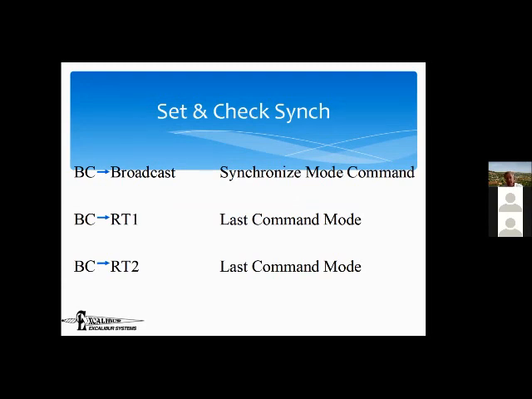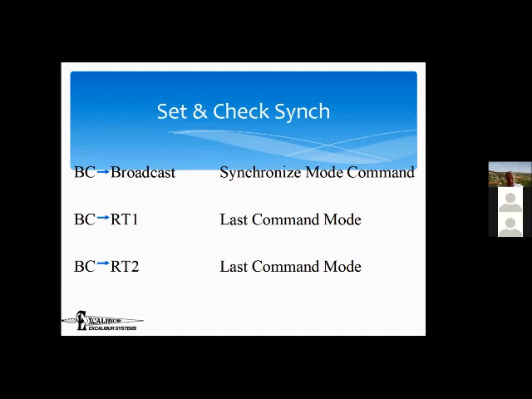And the way I find that out is by sending a mode command called send last command. The command is actually an RT to BC command. I have to send one at a time. I ask each one of the RTs to send the last command.